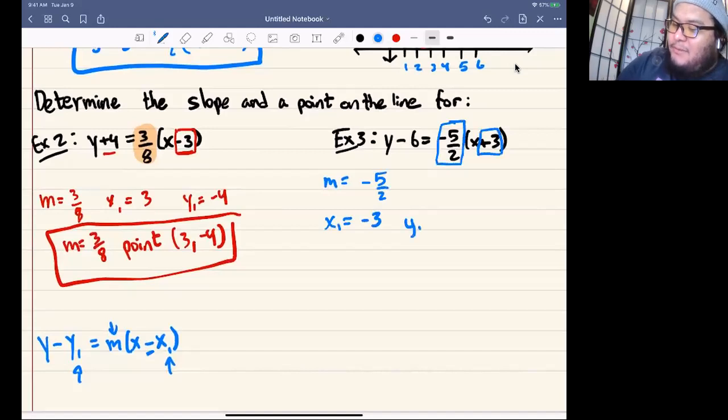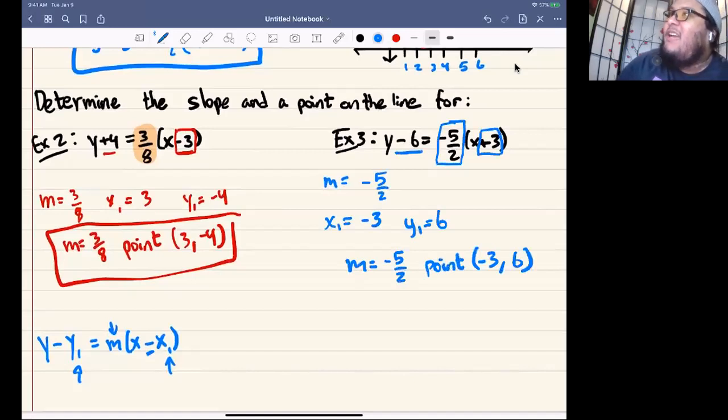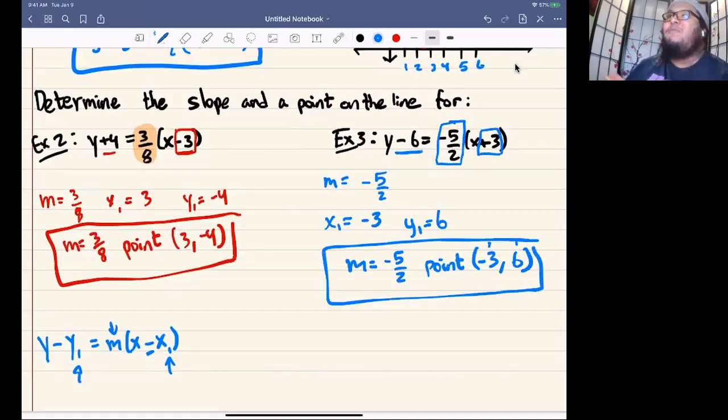And for y1, we're gonna go right next to where our y is, that's over here, -6. What's the opposite of -6? That's right, +6. So our slope is -5/2, and our point is going to be (-3, 6). Remember, the first number has to be the x value, and the second value has to be the y value. That's just how points work. If you mix it up, your answer is going to be wrong. So keep that in mind when doing these types of problems.